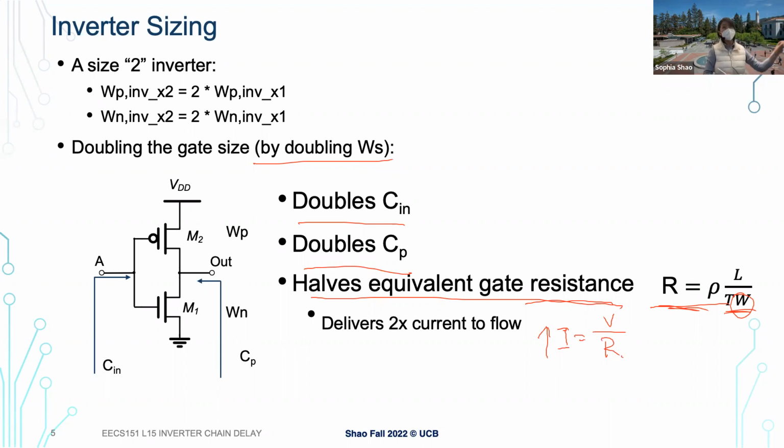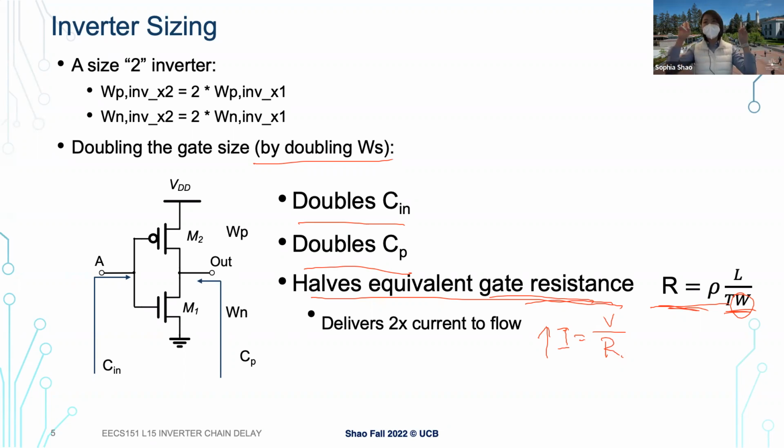So this also affects our current flow, because now our resistance is also smaller by having a larger area, larger CMOS transistors. So this is a very powerful parameter, very useful when we think about delay, and it affects the amount of charge we can accumulate. It also affects the current we can deliver.